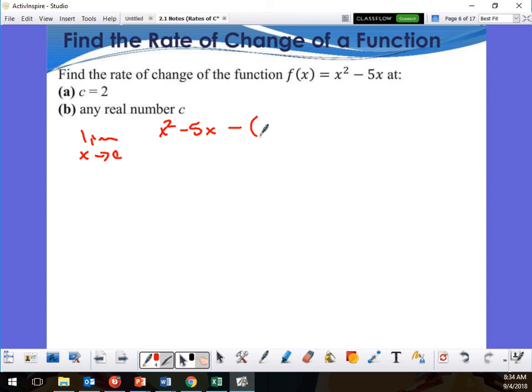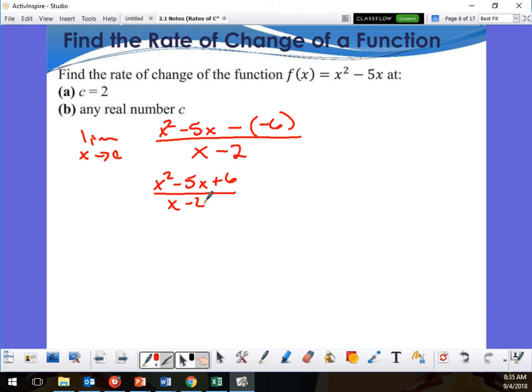What's that going to be? 4 minus 10, all over x minus 2, right? Okay, so now it's going to be x squared minus 5x plus 6 over x minus 2.